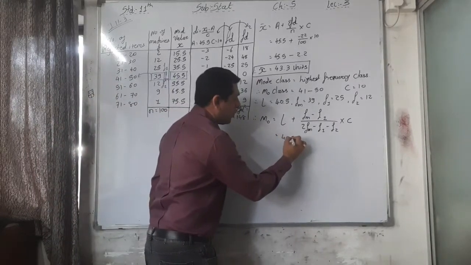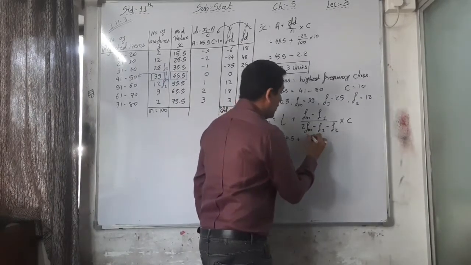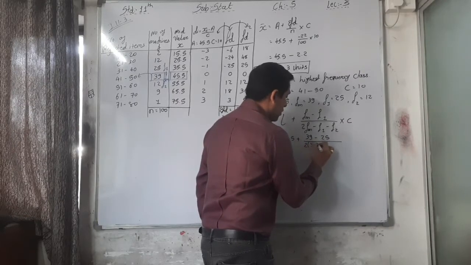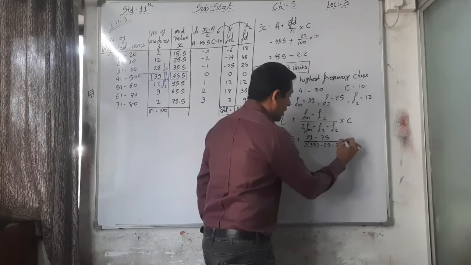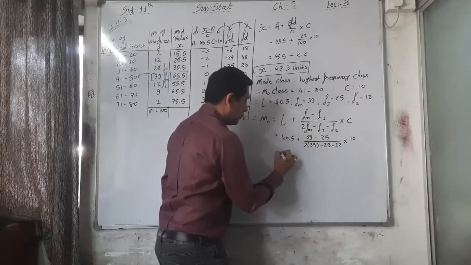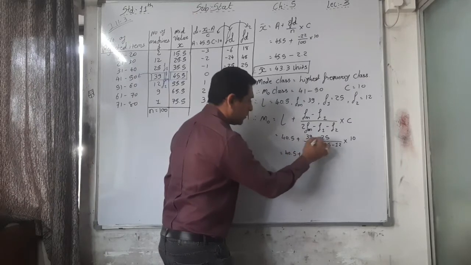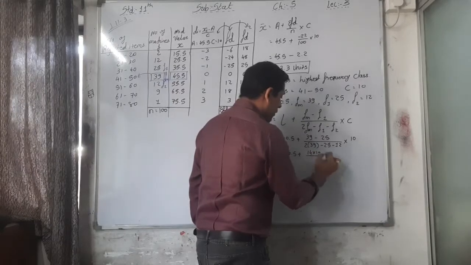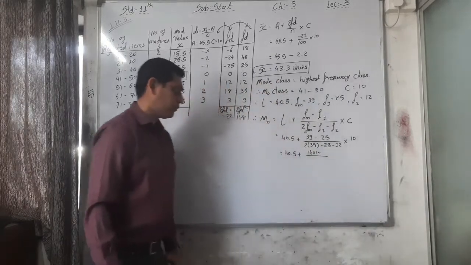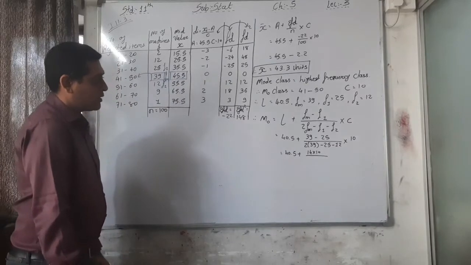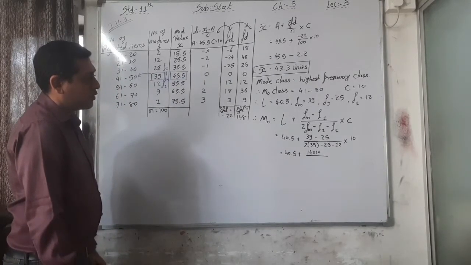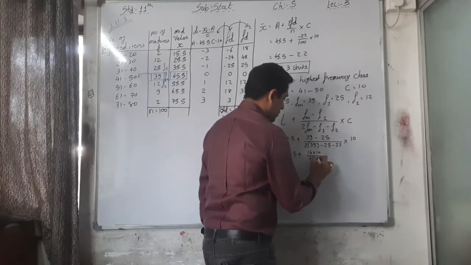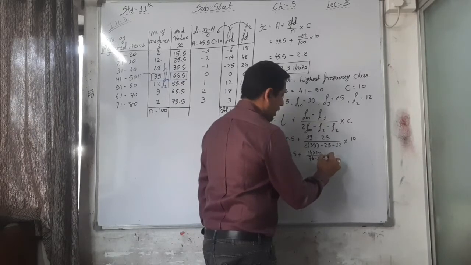L is equal to 40.5 plus Fm is equal to 39 minus 25 divided by 2 into 39 minus 25 minus 12 into C, that is 10. So 40.5 plus, subtract it, that is 14 into 10 divided by 78 minus 37.